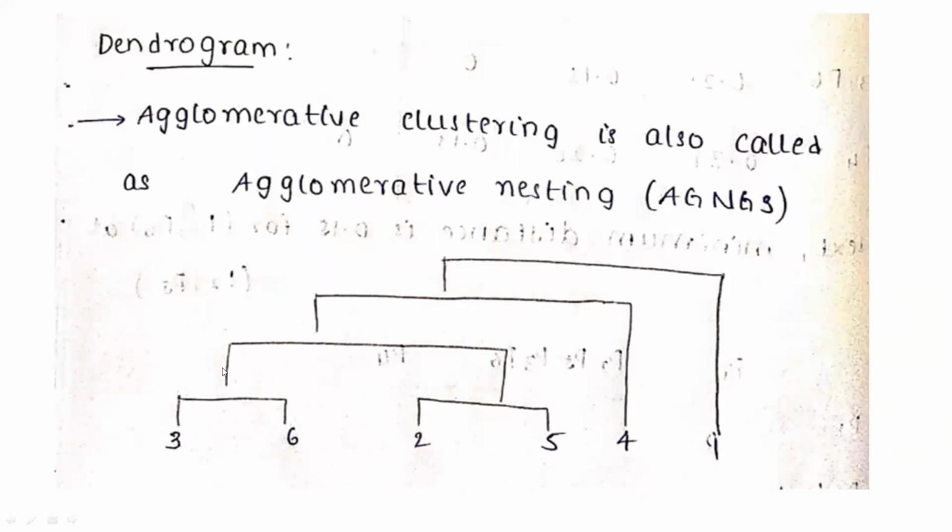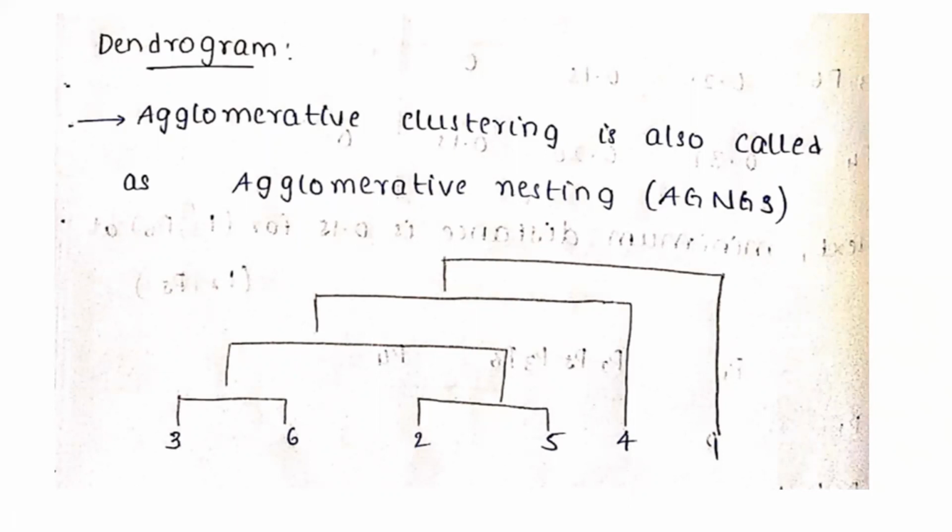Later on, these 4 points together with point number 4 form a single cluster with 5 data elements, and these 5 data elements along with the point 1 give all the data elements together: P3, P6, P2, P5, P4 and P1. This is the sequence in which we formed the clusters.